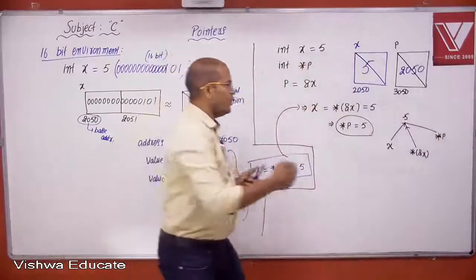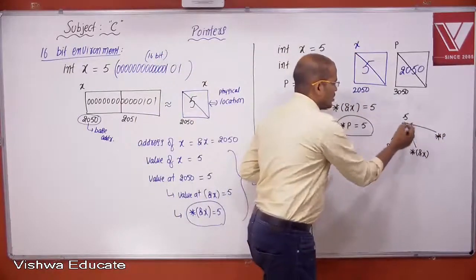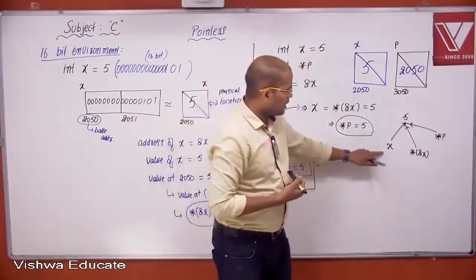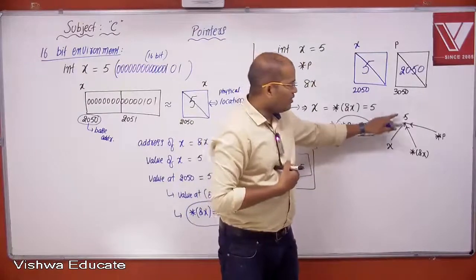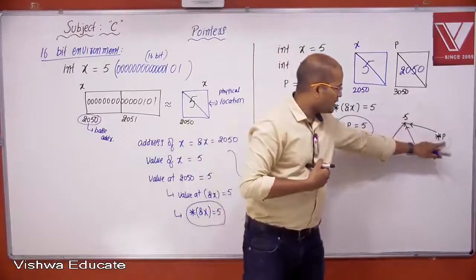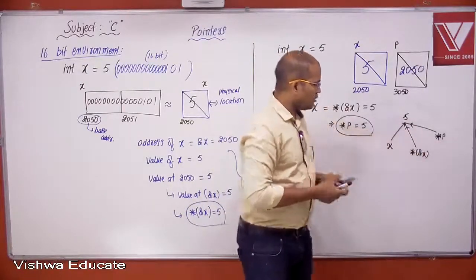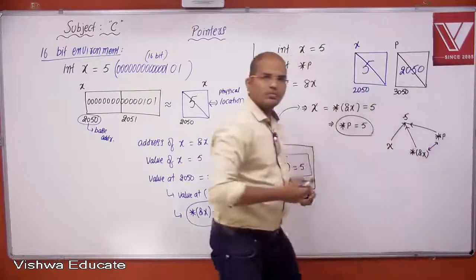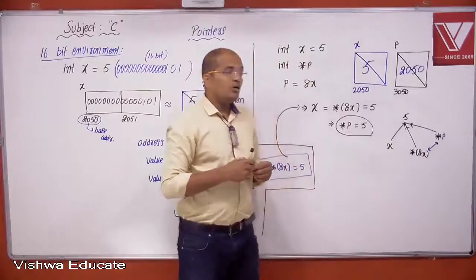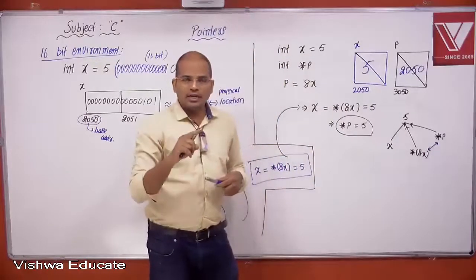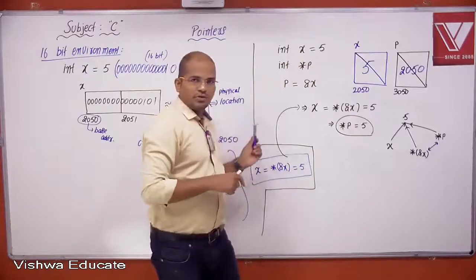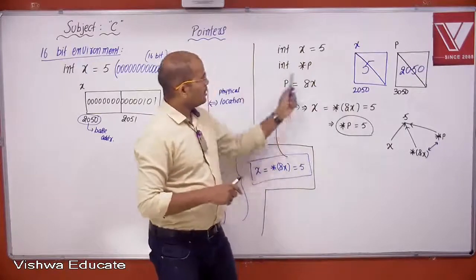Now what am I doing? I am handling 5 by using the location name. I am handling 5 by using the location address. In fact, these both are one and the same. Yes or no? So pointers is all about handling the data by the location address. The point was given to you, right? So please copy it down.